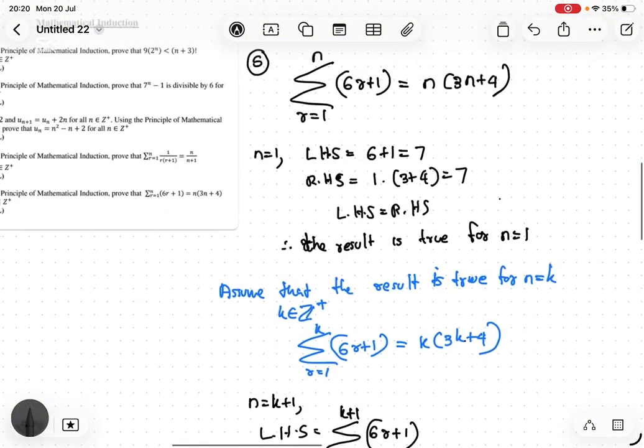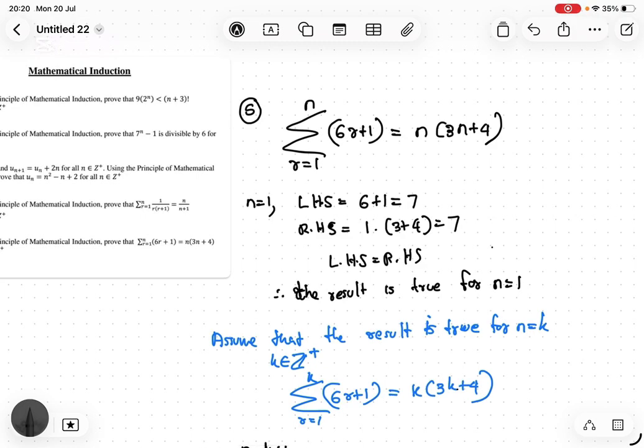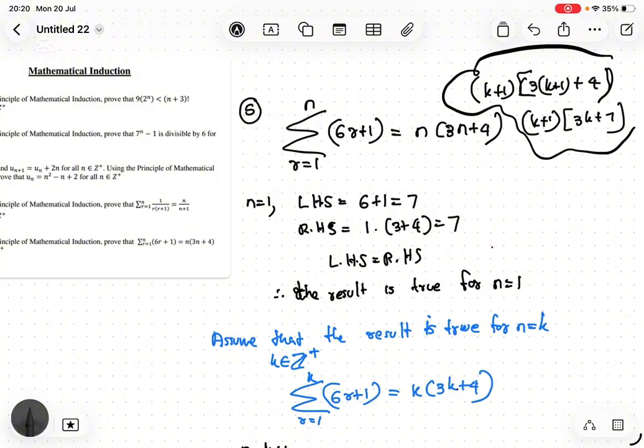Clear? Okay, now we target the answer. What should the answer be? k plus 1 into 3 into k plus 1 plus 4. This was your answer. Further simplifying, k plus 1 into 3k plus 7. Let's try it.